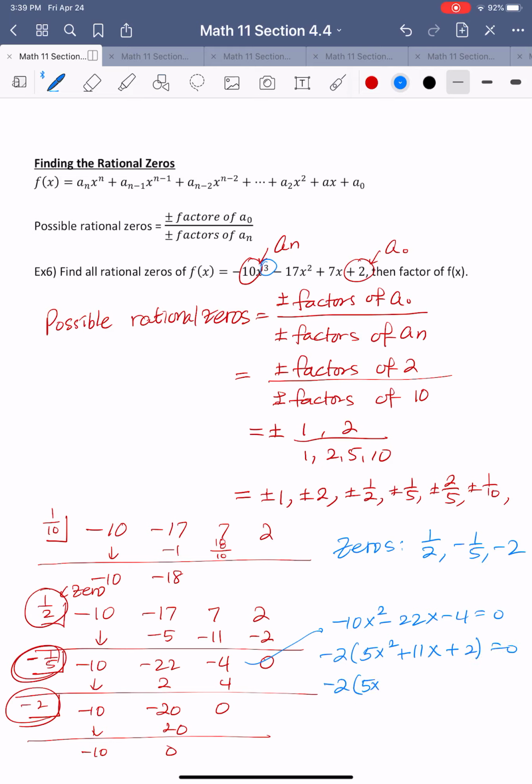So one is a 5x, and then x, and then you need the positive 2, and everything is positive, and then you need the 11, so 1 and 10, yeah. So you can get the zeros from here: negative 1/5 and negative 2. You can get it from here too. So these are the zeros, okay?